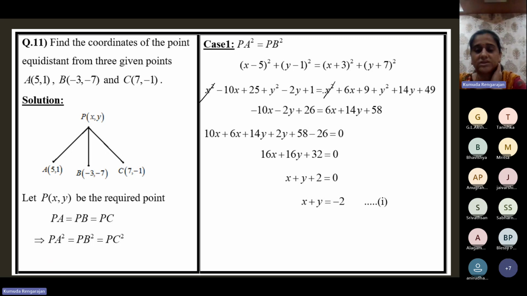So x square on either side gets cancelled. y square gets cancelled.